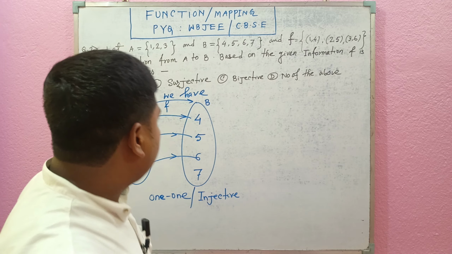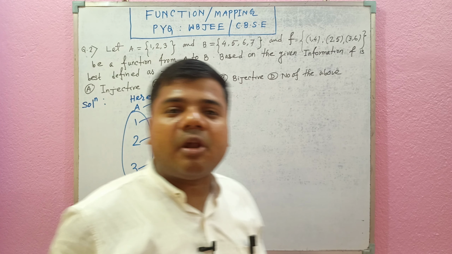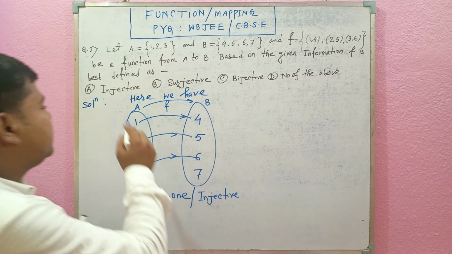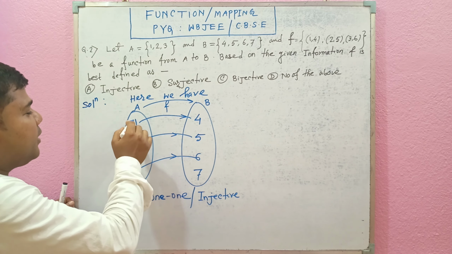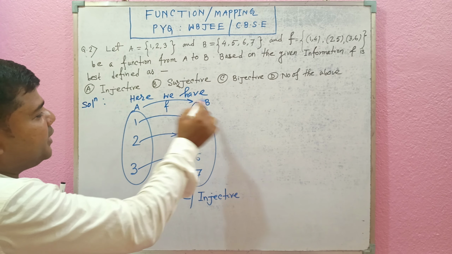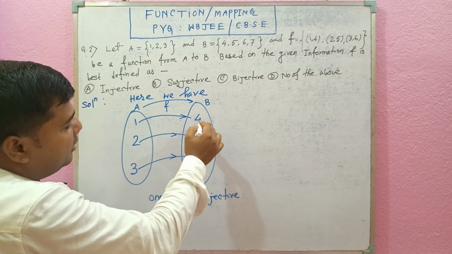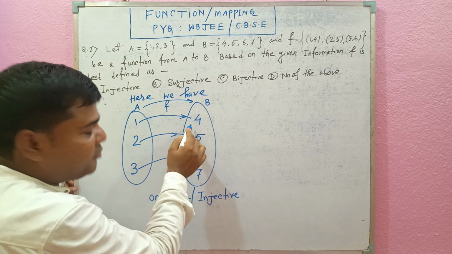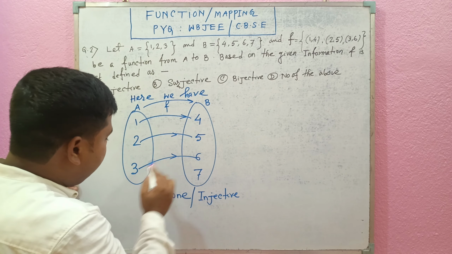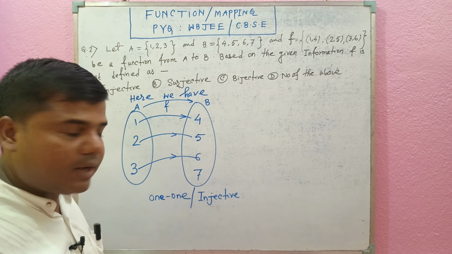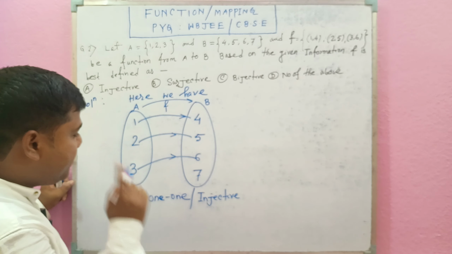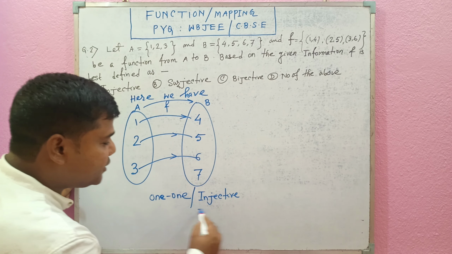We can easily solve this problem with the help of a diagram. Set A contains 3 elements 1, 2, 3 and set B contains 4 elements 4, 5, 6, 7. Here we see that 1 maps to 4, 2 maps to 5, 3 maps to 6. Each element of B has only one preimage, so obviously this is one-to-one or injective.